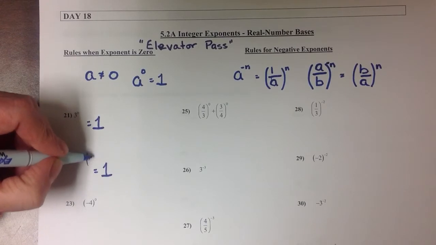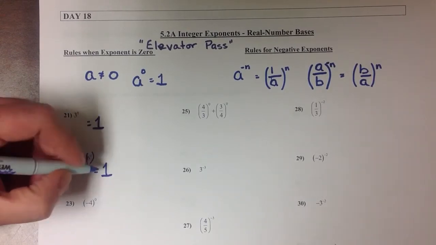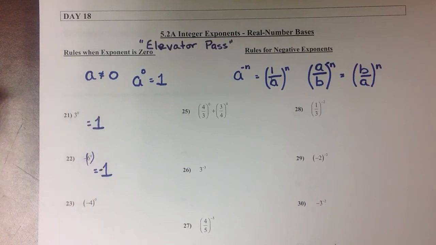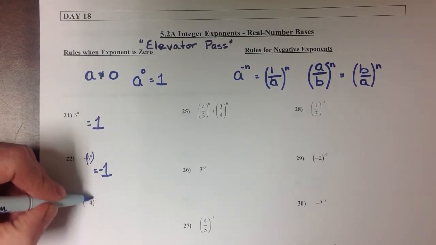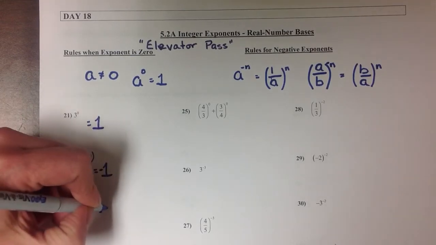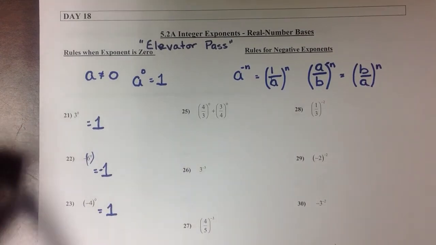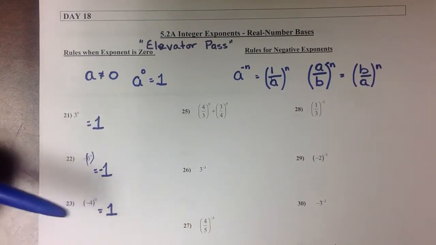It's only the 6 that's raised to the 0 power. So it is 1, and then the negative is applied afterward. This is the case where, because the negative is part of the number that's getting raised to the 0 power, negative 4 to the 0 power is equal to 1.